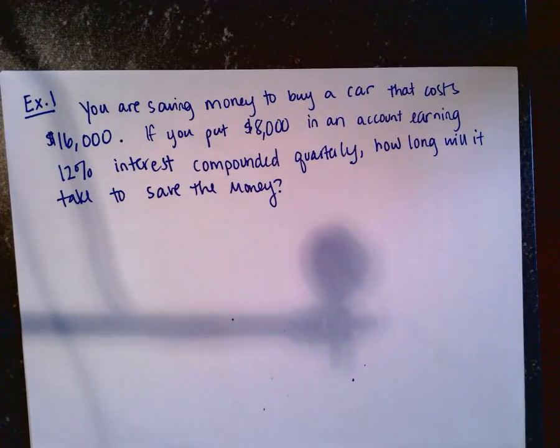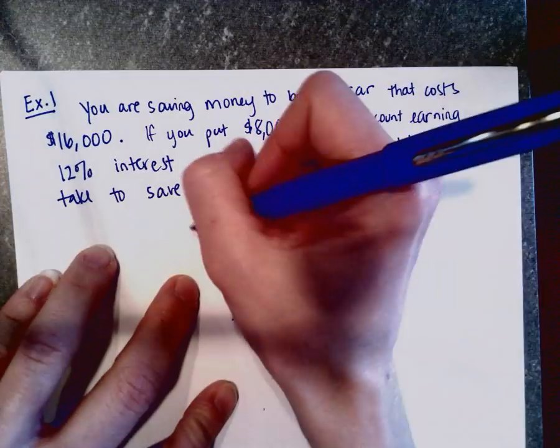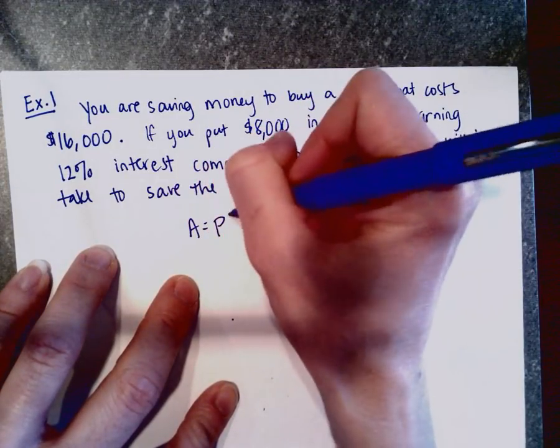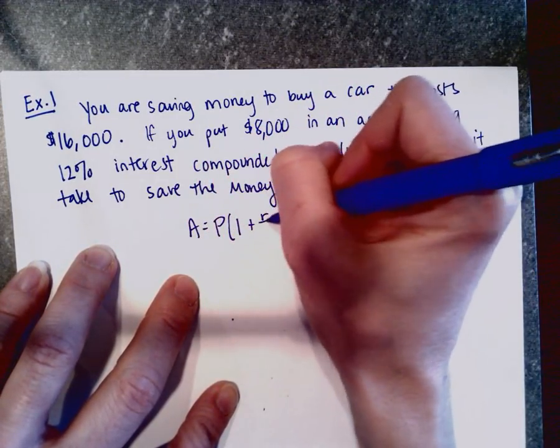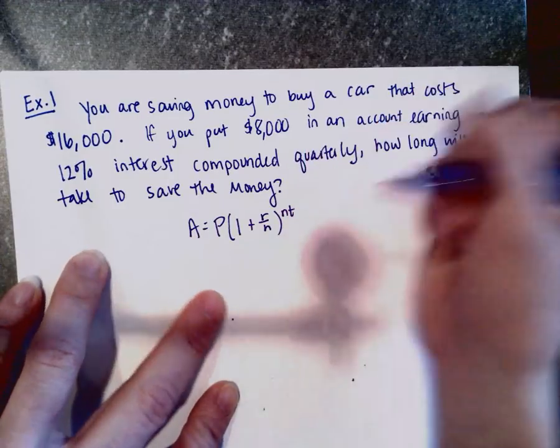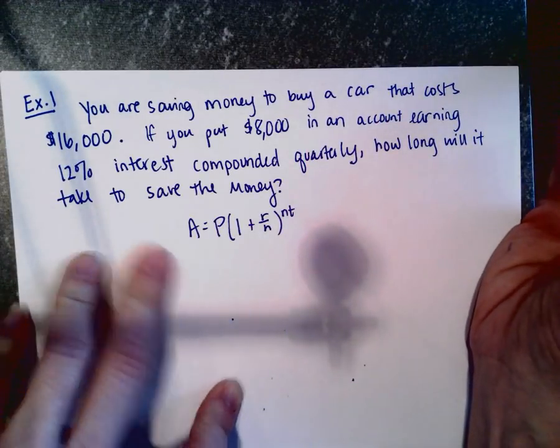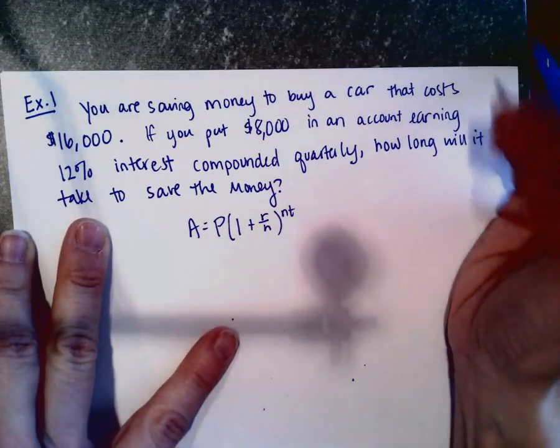Okay, so let's identify each of our variables. Remember, our equation is A equals P times (1 plus R over N) to the NT. The car costs $16,000, so that's how much we want to end up with.